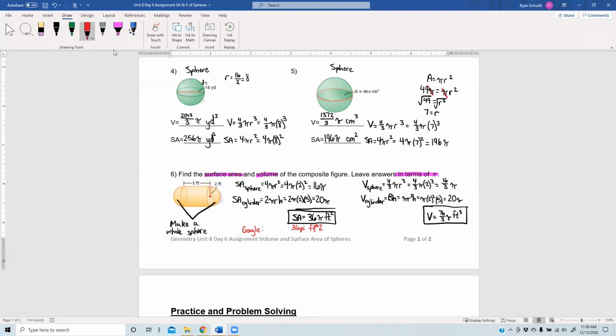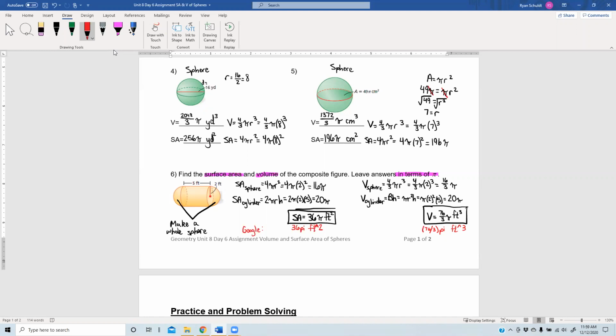For these that have fractions, I would like you to put the fraction in parentheses. So 76 divided by 3. And then you can either put pi, or like the pi symbol, or the letters pi. And then feet to the third power.